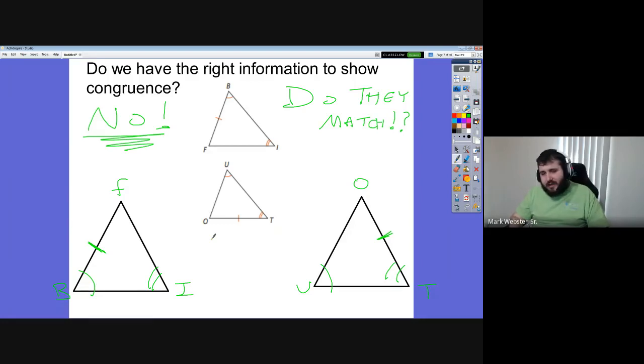Side OT is on the right-hand side attached to the two angle. You don't have to do that. You drew the picture. You showed what it is. This is clearly no, right? So now what I want you to do is the exact same thing, and check to see if it matches for this problem.